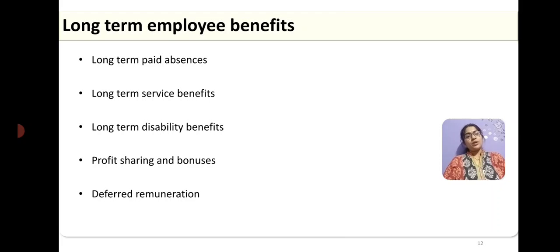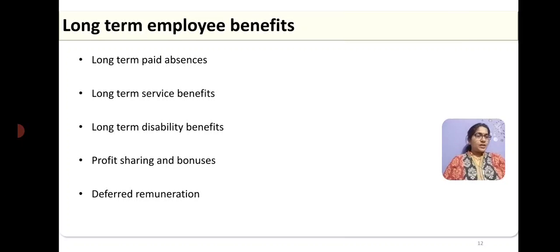Suppose an employee becomes disabled during the employment, at the workplace, then the company is liable to pay the disablement benefits, maybe for quite a long period of time or until the employee is alive. Such a thing is called a long-term disability benefit.